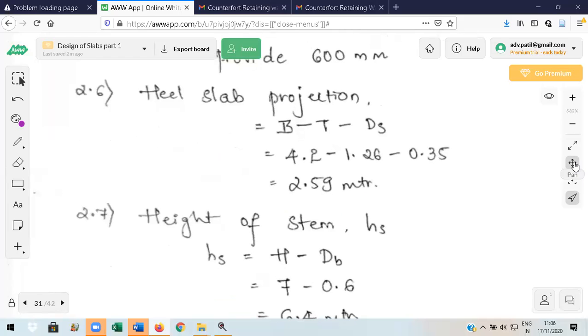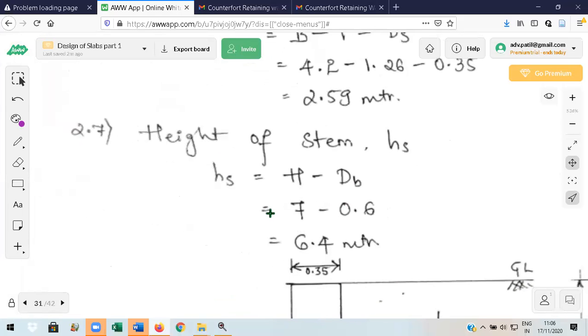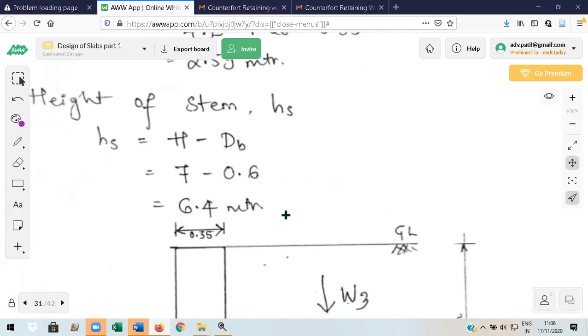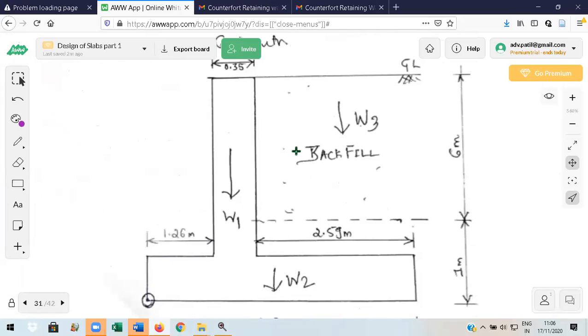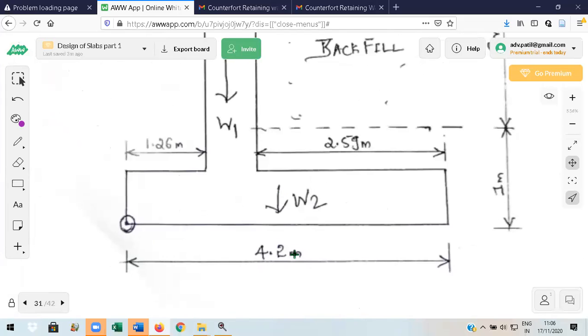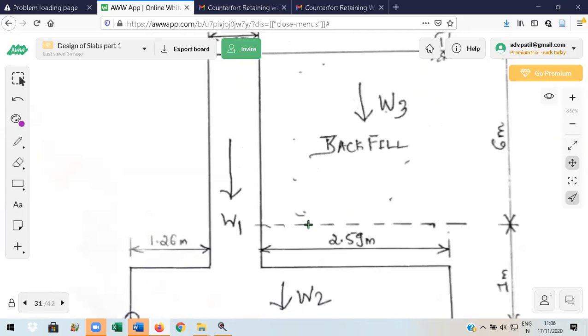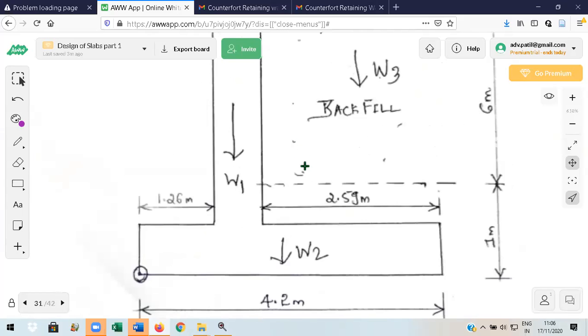Height of the stem, H_s. Now the stem height, you observe here. Stem height we have to calculate as H minus d_B. So 4.2 is the width. We are trying to find out the height of the stem.